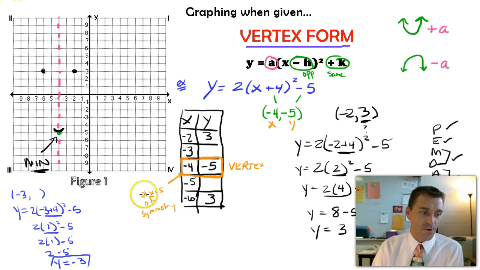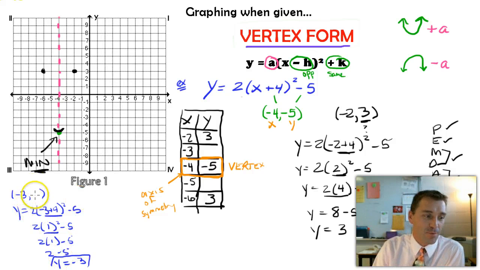Boom! There you go again. So -3 is what I got when I put in -3. Weird. So that means at -3, -3, there's a dot.